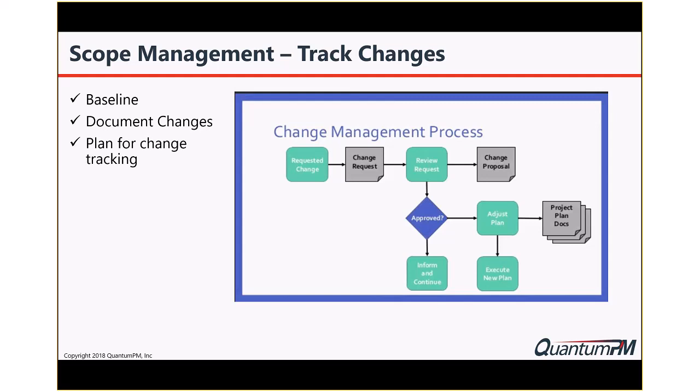You don't want things just sneaking into your project. Based on that, you have to adjust your plan. And as you adjust it, those are the places you need to look at: what changes do I need to make? What triggers do I have to put into the system to make sure that change gets well documented, so that if there's a blip in my reports, I know what it was about and why it was done? So at that point, it's time to think about, do we need to re-baseline?